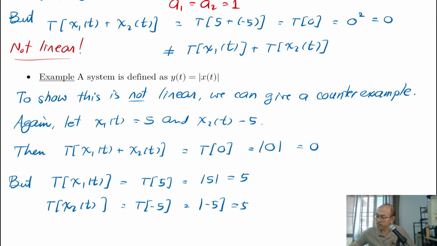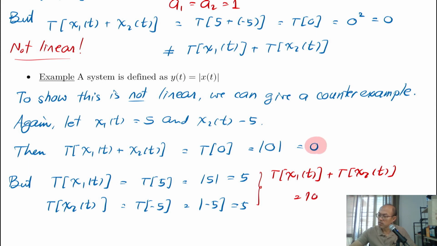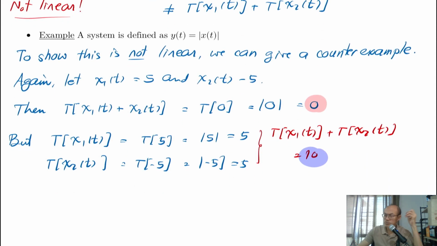So we see that if we add them, T of x1 plus T of x2 is 10. And you see that these two are not equal. There is a situation where these two are not the same.